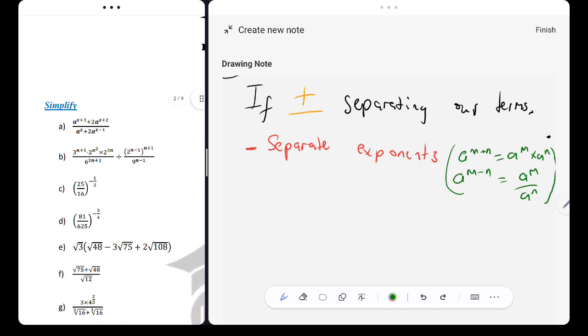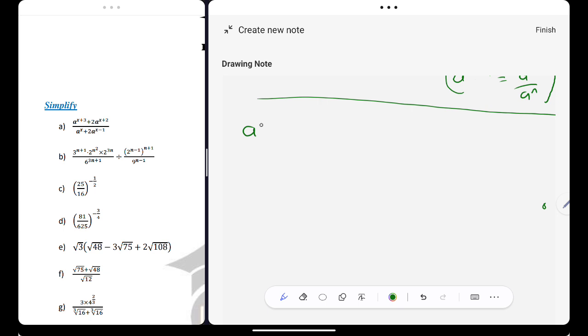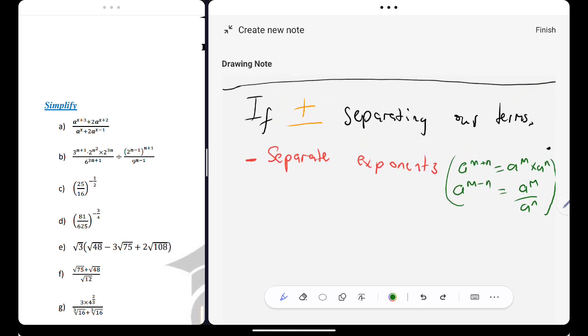If you have numbers subtracting the exponents, the first thing we need to do is to separate the exponents. Now I want to solve without writing everything. The first thing, you must separate exponents.